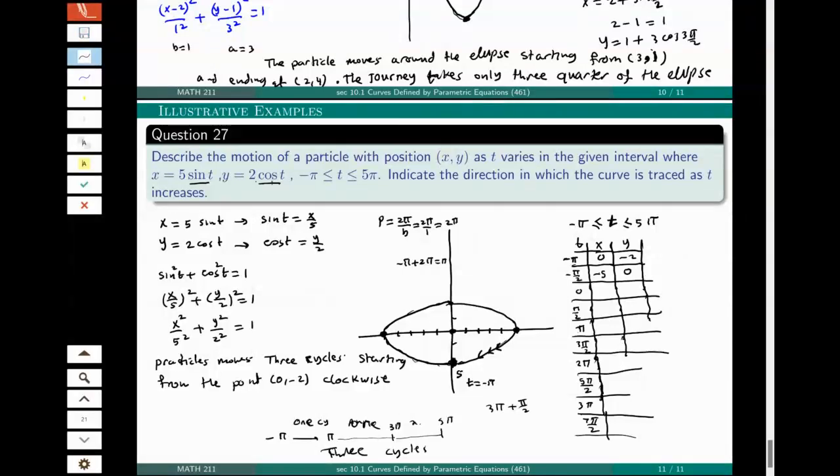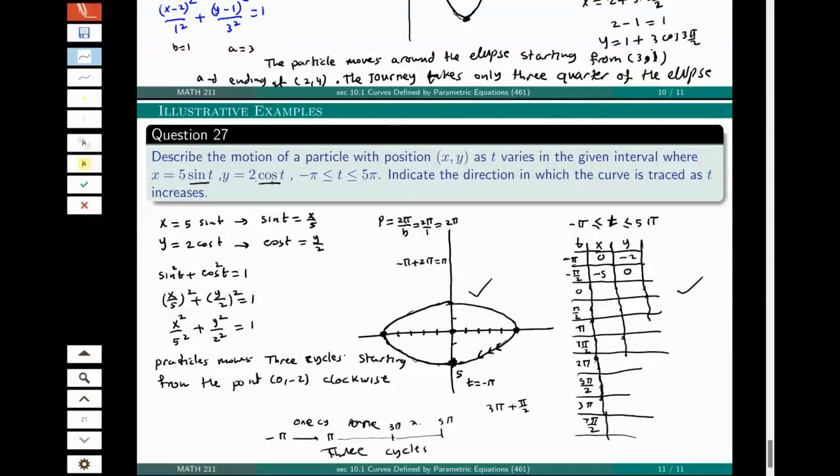This will end up our discussion. So sometimes it's easier to use the changing to Cartesian system rather than using the table, but we have to know, is it a complete cycle or 2 cycles or 3 cycles, or simply half a cycle or a quarter of a cycle. Okay, that is extremely important.